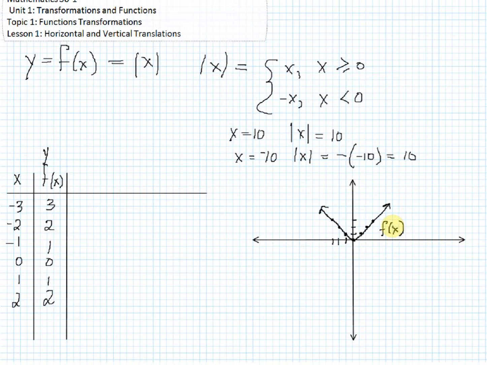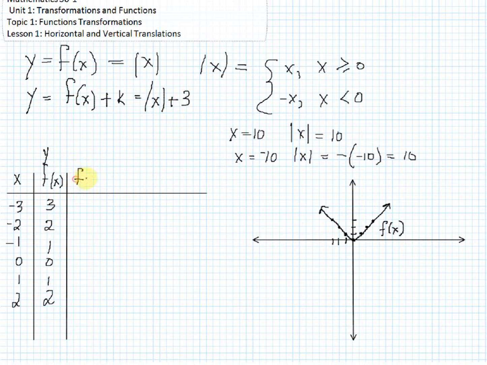Okay, so we've defined the function that we're going to look at. Now we need to look at a translation. Our first example of a translation is y is equal to f of x plus k. In this case, we're going to make that the absolute value of x plus 3.